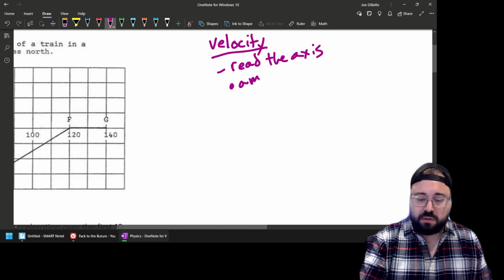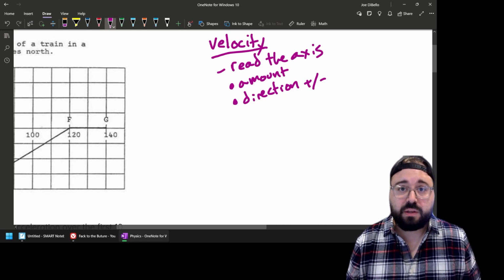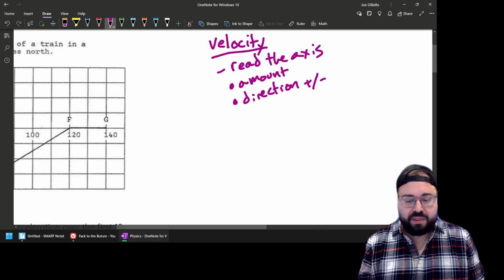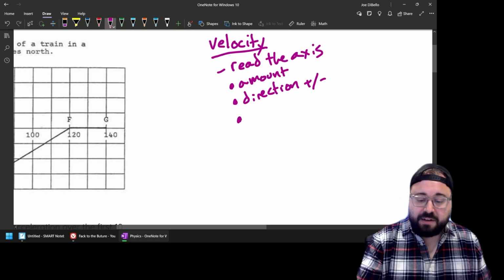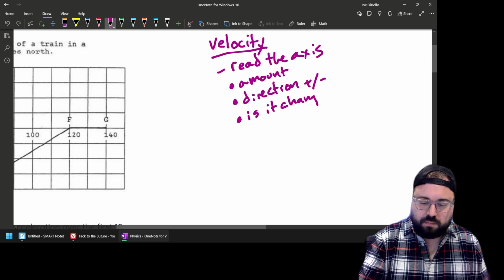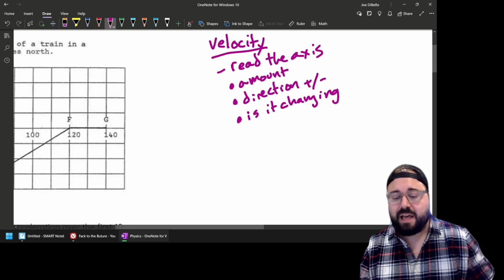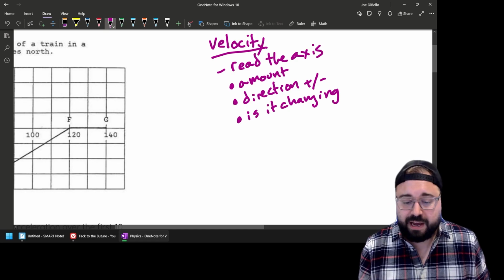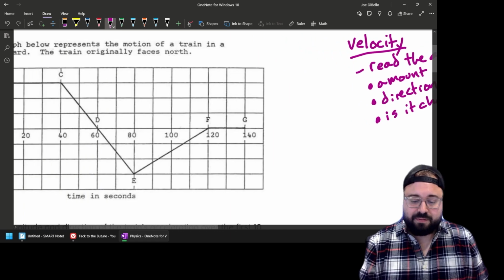The amount, or the magnitude, the direction, is it a positive or negative velocity? Now, we're not looking at slope this time. Be very careful with that. All we have to do is read the axis. And is it changing? So just by reading the axis, we can tell what's going on with the object and what it's doing. So let's look at an example of that real quick.